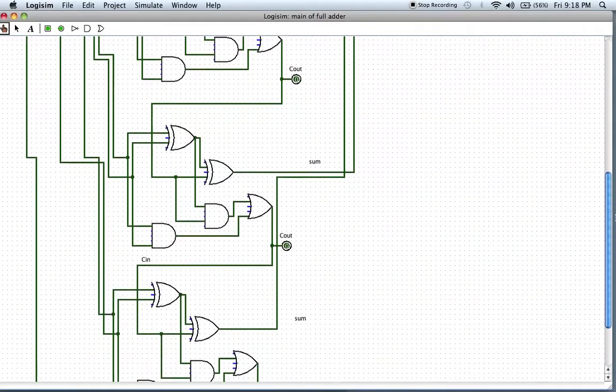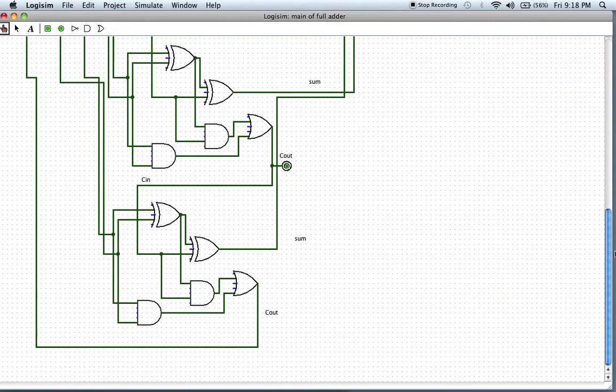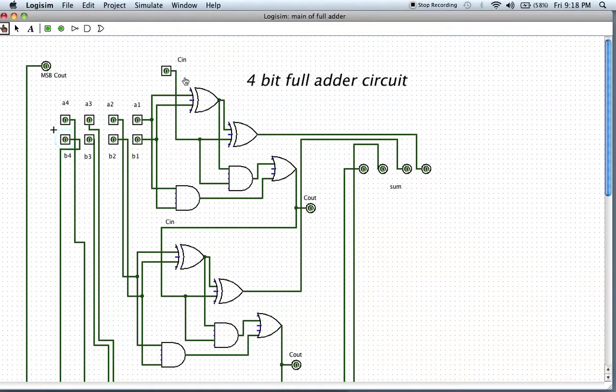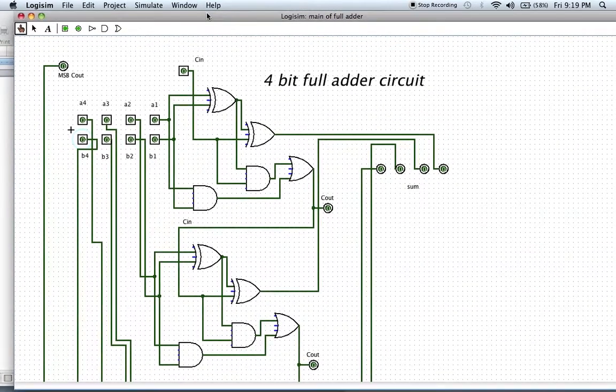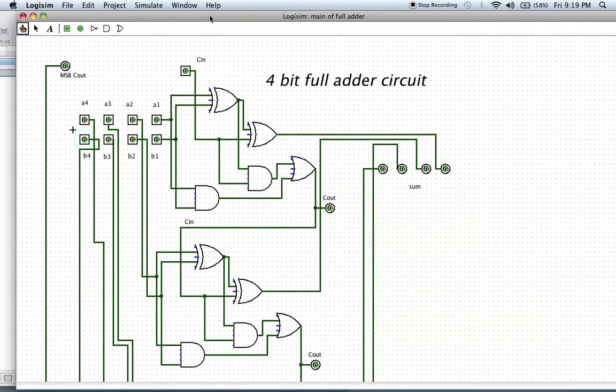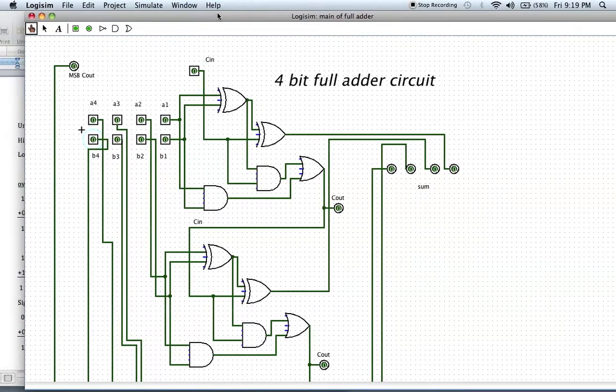My initial design had the last carry out of the most significant bit feeding back into the carry in of the least significant bit, which did give me some of the under and overflow effects for unsigned binary addition that I was looking for, but ultimately kept giving me oscillation errors in the simulator.